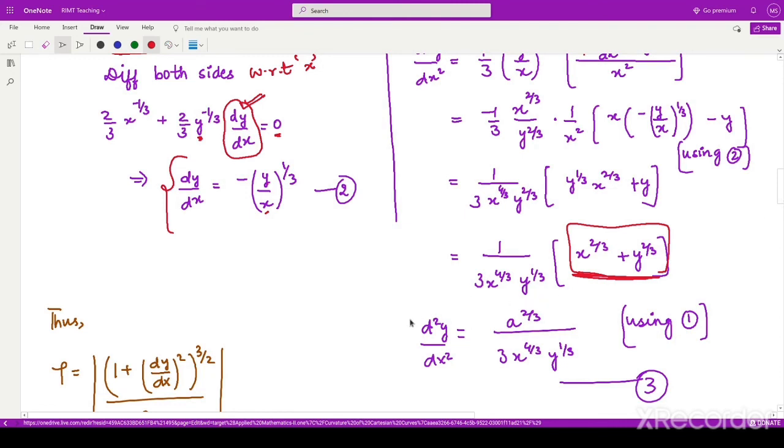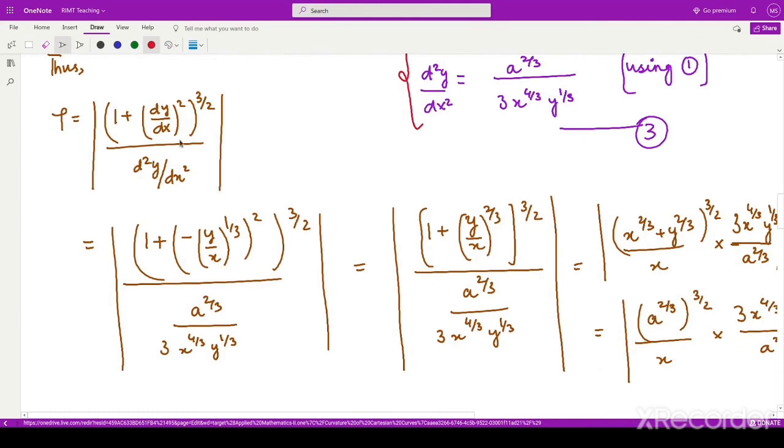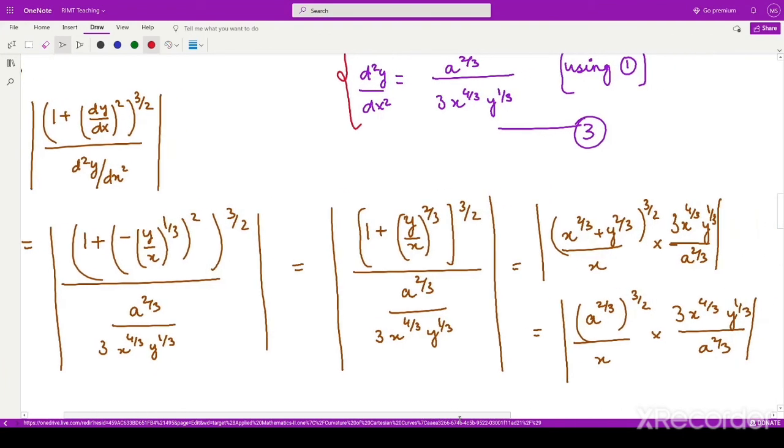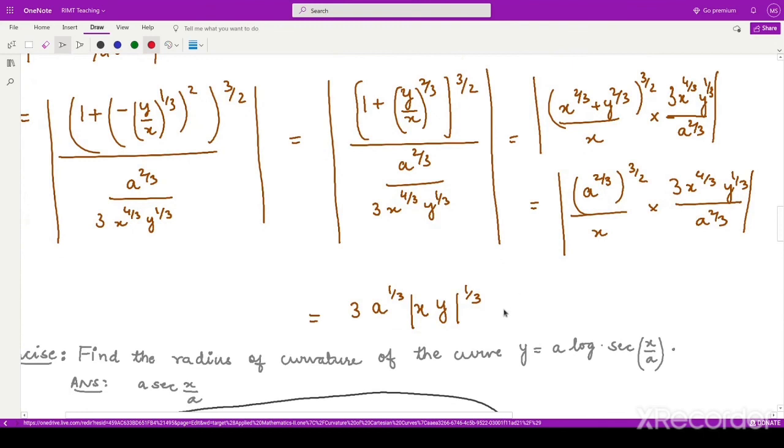So now you have the second derivative, you have the first derivative. So you can substitute all these values in the formula to calculate the radius of curvature. When you substitute all these quantities, perform the calculation and simplify a bit, you will have this as the final answer.